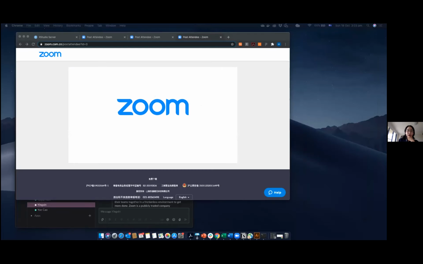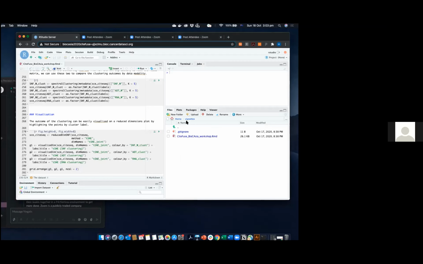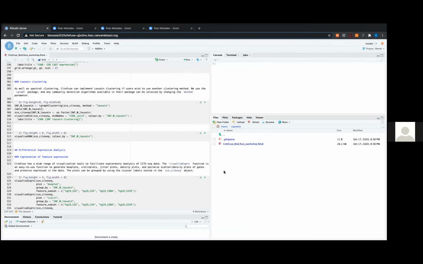So the last time I checked, from memory, they use centered log transformation. Maybe Yingxin, do you remember what they used? I think it's different from the RNA-seq normalization. Yes. Right? Yes. Okay. So the normalization that we use in CiteFuse is different between ADT and RNA. Right. Okay. Thank you.